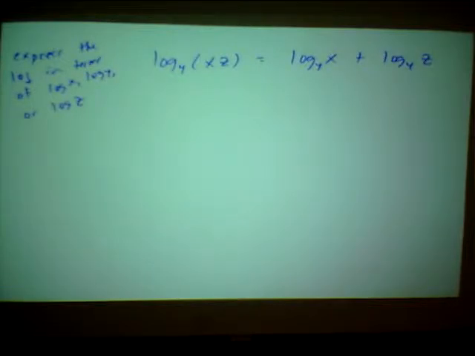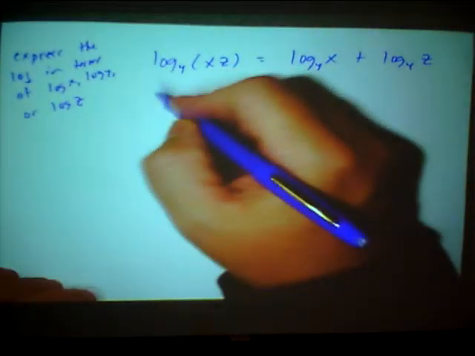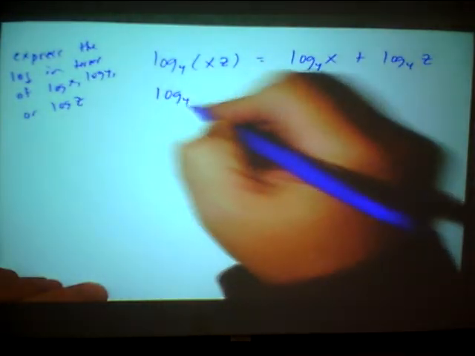Log base 4 of xz, I can now do the opposite of adding log terms together and break them up. And it becomes log base 4 of x plus log base 4 of z. I now have expressed my initial log in terms of log of x and log of z, which is what they asked for.